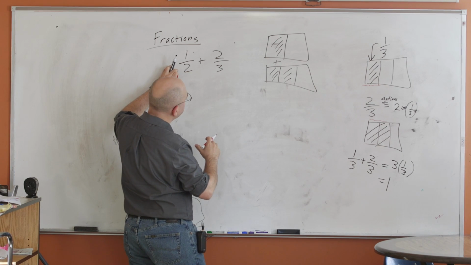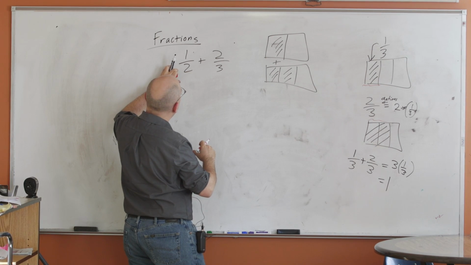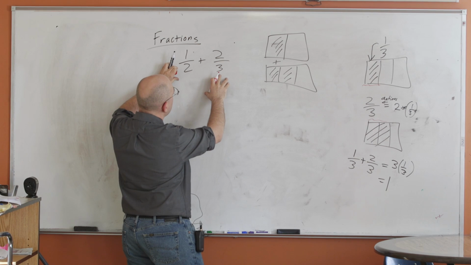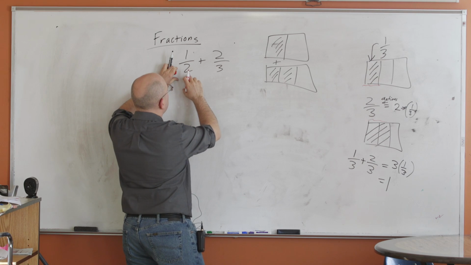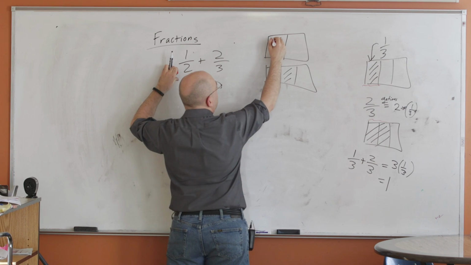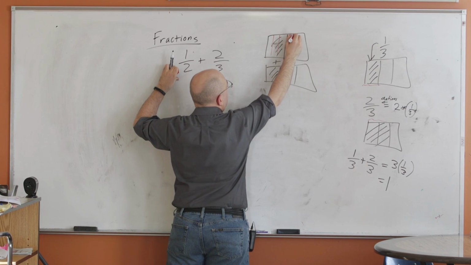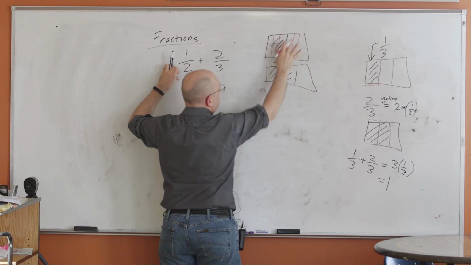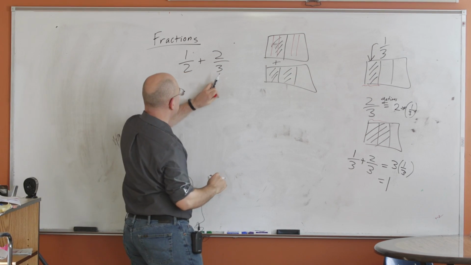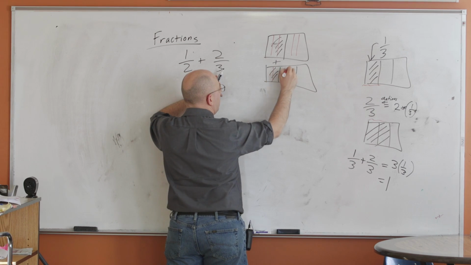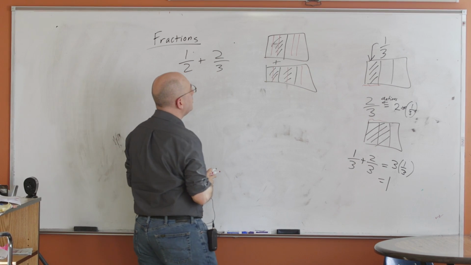And so if I see this 3 here, so I know this is divided into 3 parts, so I want to divide my 1/2 kind of into 3 parts. So I'm going to just divide up there. And then this 3 I'm going to divide into halves. And then I count.